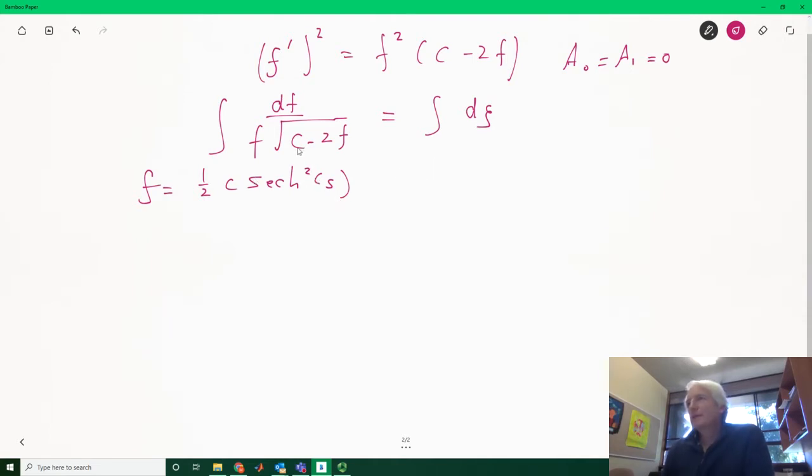It means that c minus 2f is going to be equal to c into 1 minus sec squared of s. And then there's this identity that 1 minus sec squared is equal to hyperbolic tangent squared.